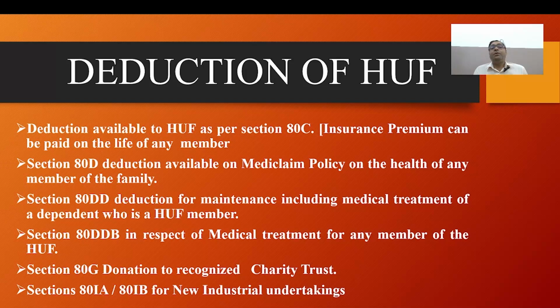Saving tax on long-term capital gain is possible by investing in capital gain bonds of the National Highway Authority of India. Long-term capital gain can also be saved by investing in residential property.